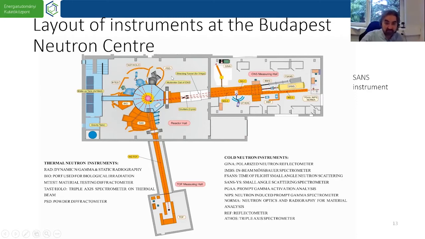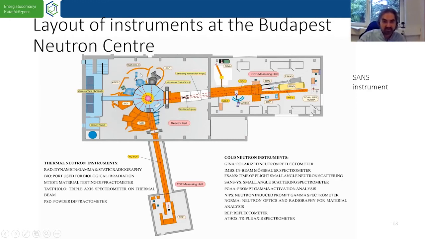Around the reactor there are some more instruments which are close to the reactor core, because in this case they use a higher intensity, but they don't use very well collimated beams, so they don't need it because of the optimization of the resolution. So this is a liquid diffractometer.